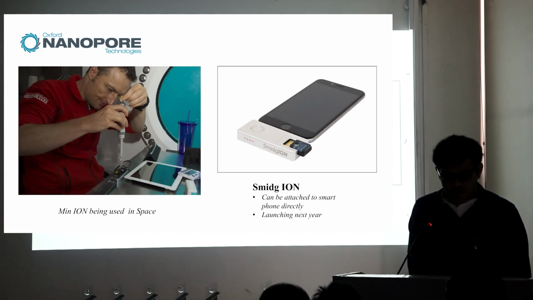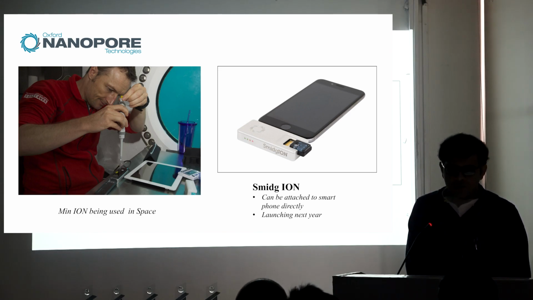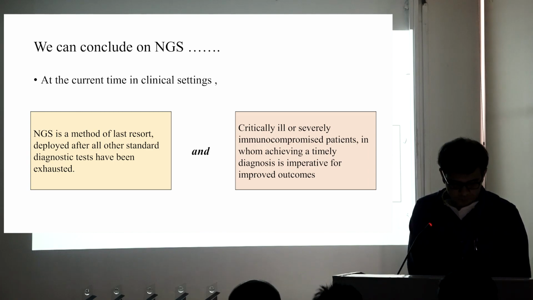In this picture I showed you, this gentleman is sitting in the International Space Station, using this device attached to his tab, doing next generation sequencing. It is the method of last resort right now, when all your diagnostic tests have been exhausted, but in 10 to 20 years it will definitely become the first choice.